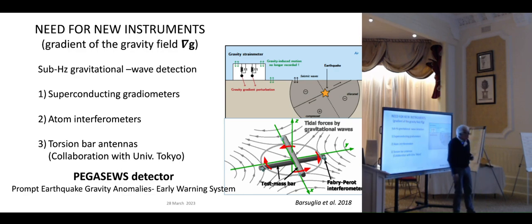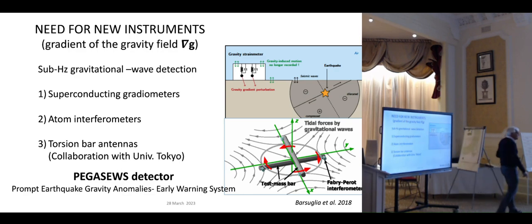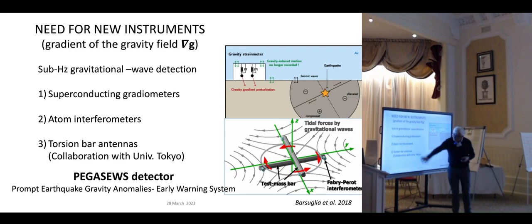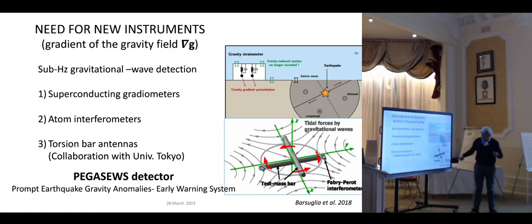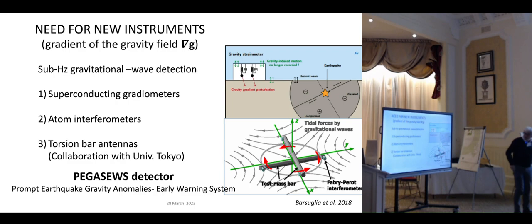There is some other very promising research about atom interferometers. In that case, you use cold atoms, and you can measure the effect of gravity on the fall of cold atoms. And the third possibility is the torsion bar, which was named TOBA, proposed maybe 10 years ago by the University of Tokyo.